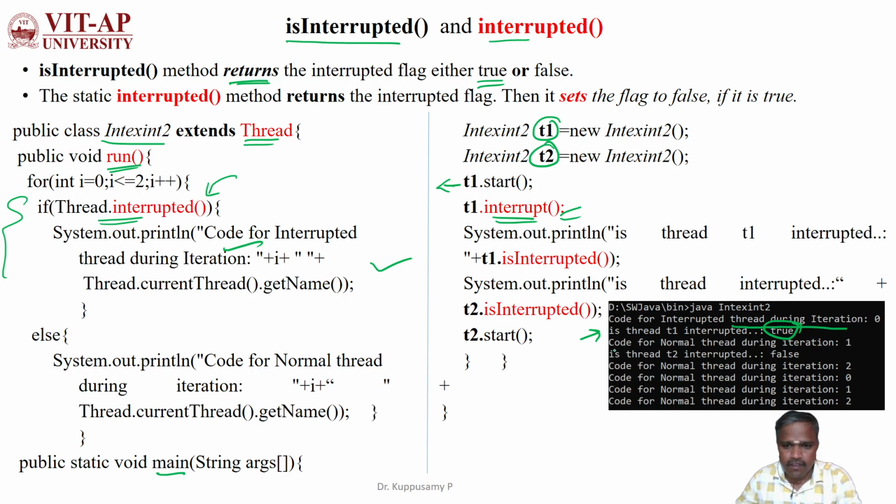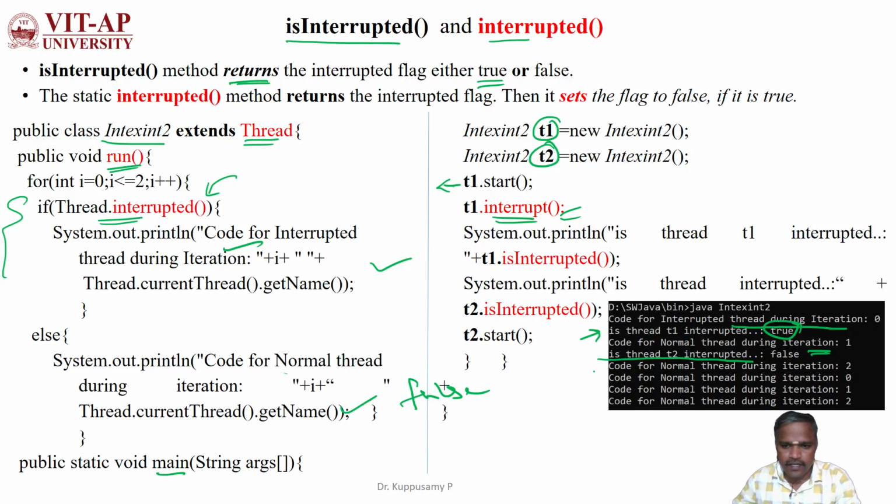Then the code for the normal thread during iteration 1. After that we use the second thread, which is not interrupted, so it will return false. Once it is false, then it will execute. That's what we are getting in the output: is thread T2 interrupted, false, that is not interrupted.